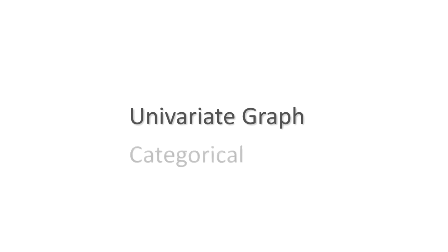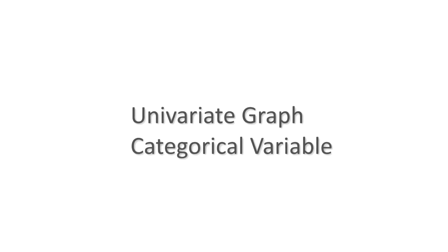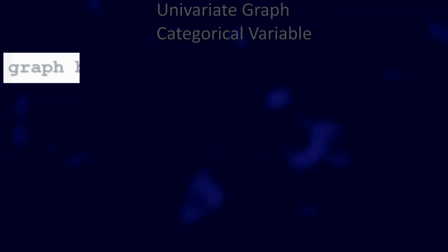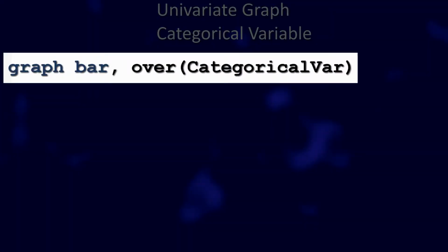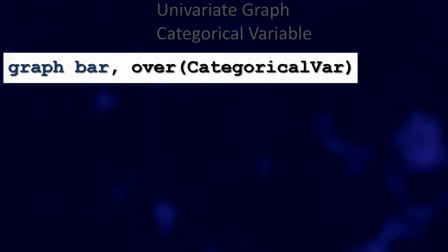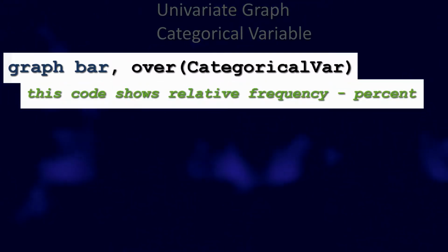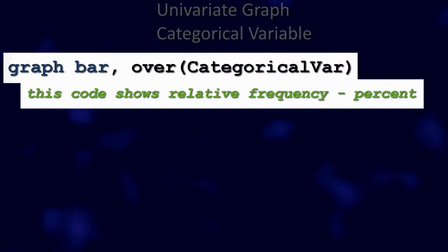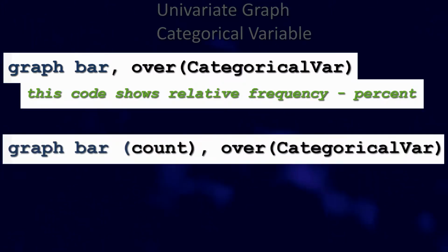Here's the basic code for a univariate graph of a categorical variable. Graph bar, comma, over, parens, categorical variable, close parens. This code shows relative frequency, or percent. Graph bar, parens, count, close parens, comma, over, parens, categorical variable, close parens.